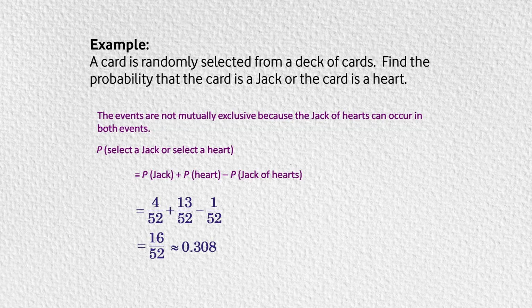The events are not mutually exclusive because the jack of hearts can occur in both events. So the probability is P(jack) plus P(heart) minus P(jack of hearts), which is 4/52 plus 13/52 minus 1/52, and the answer is 16/52, which comes to 0.308.